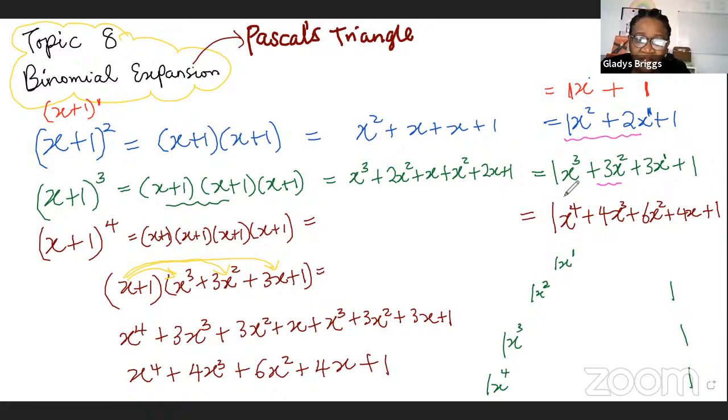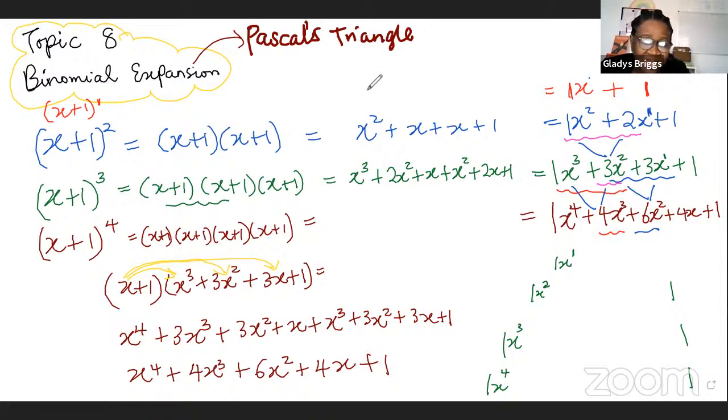I'm going to give them different colors so that you can see: those two, and those two, and these two. What's happening with them?